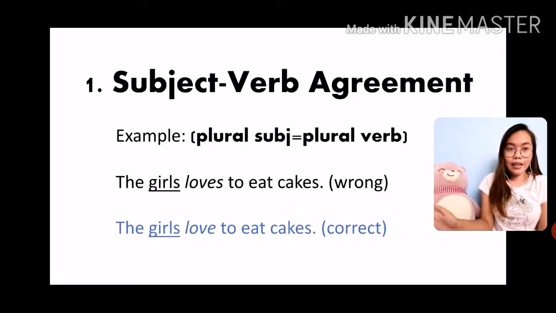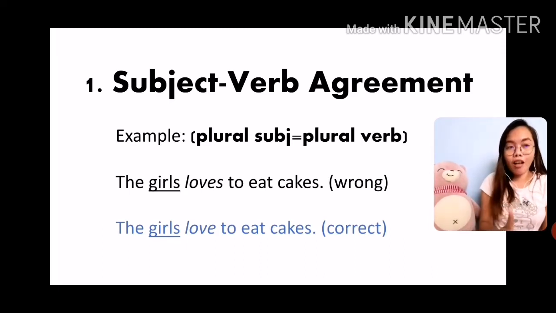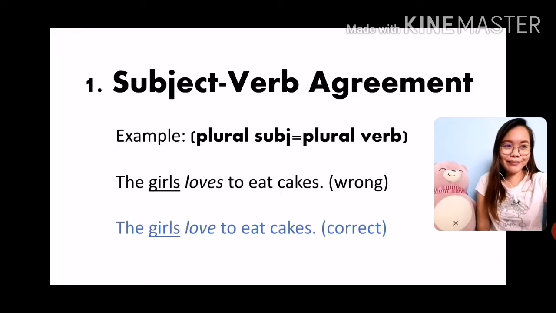It needs a plural verb. Loves is a singular verb. Therefore, we need to use this time the verb love with no S. Again, singular verb with S, plural verb without S. So the correct sentence here is, the girls love to eat cakes.